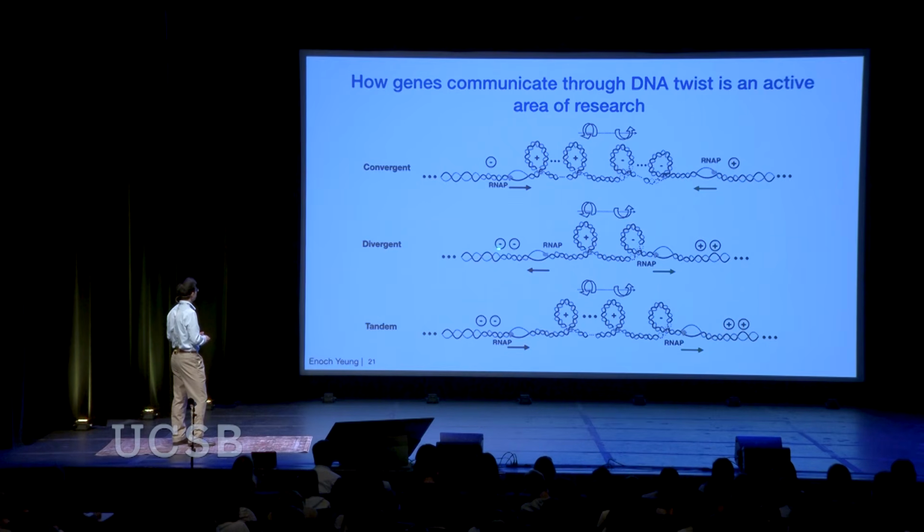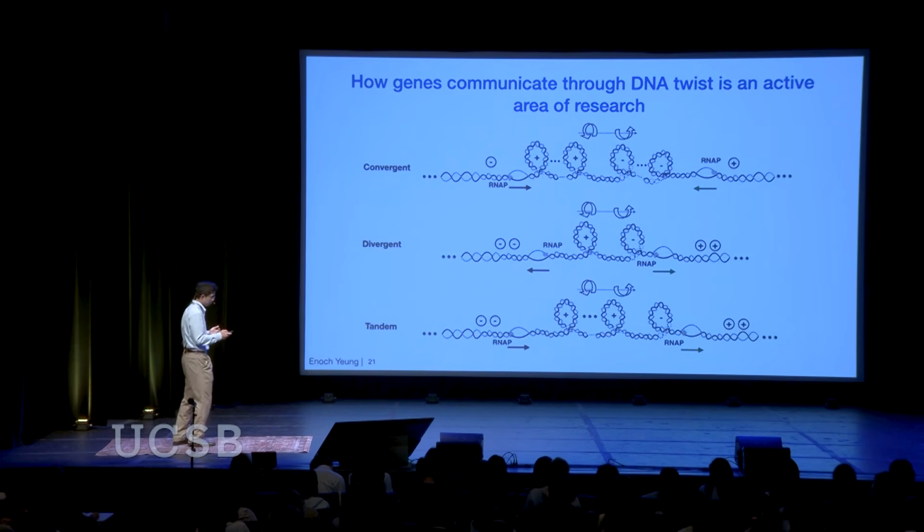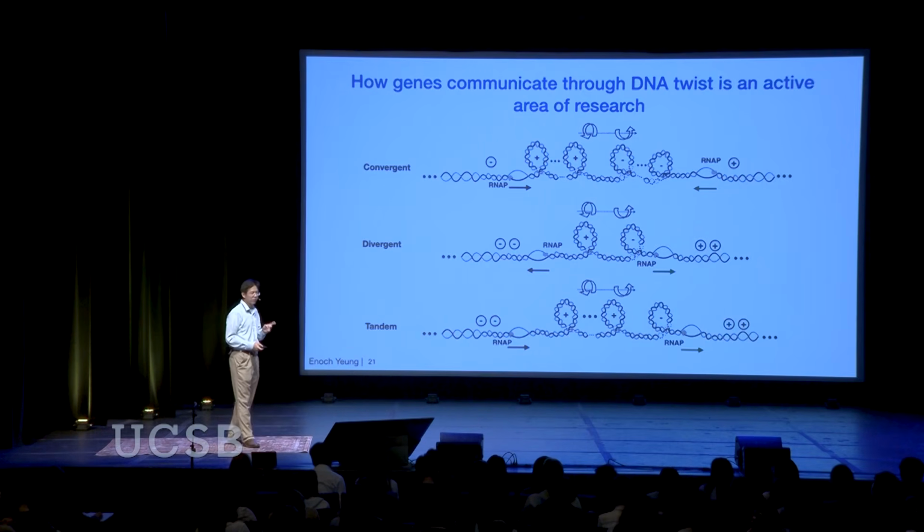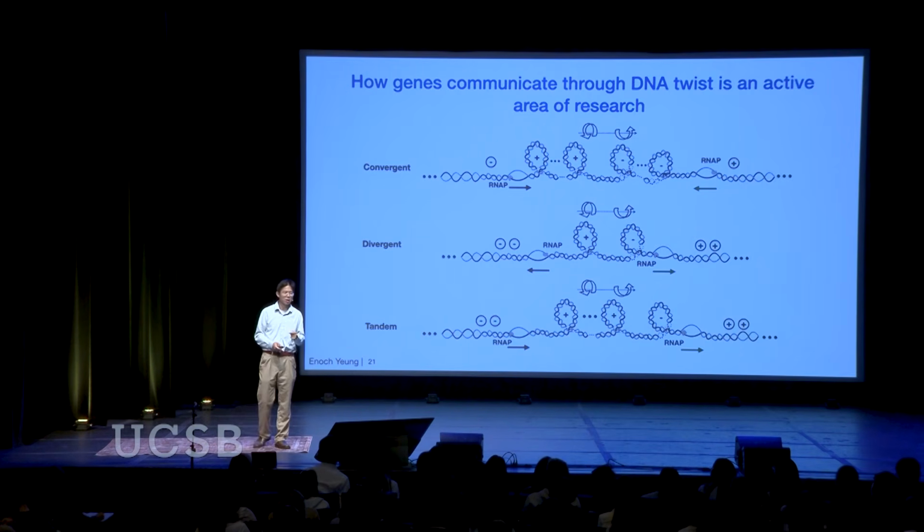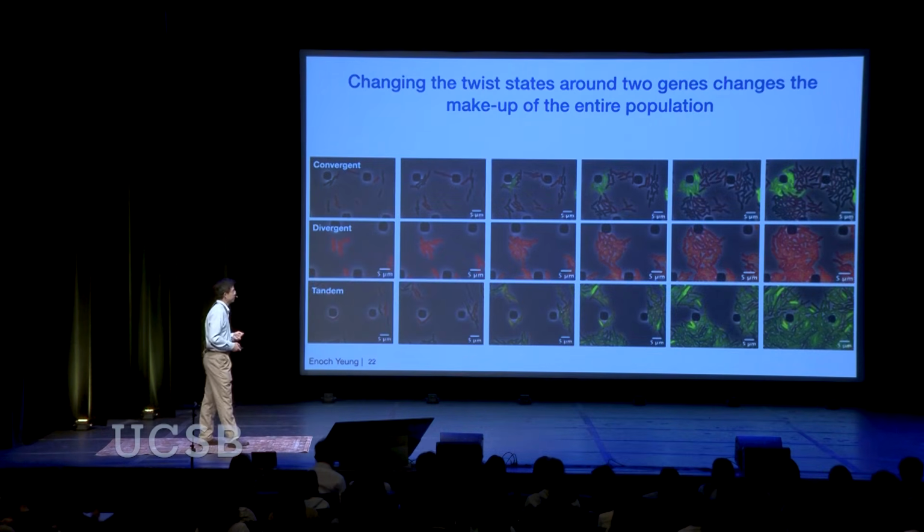In the divergent case, where genes are transcribing away from each other, what happens is this twist is generally less intensely accumulated, but there will generally be one side that's going to be favored more than the other. And then in tandem orientation, what we have is this weird cancellation effect, where one gene really affects the other, but the other one is not so much going to affect this one, all right? So different arrangements have different consequences in terms of bacterial dynamics.